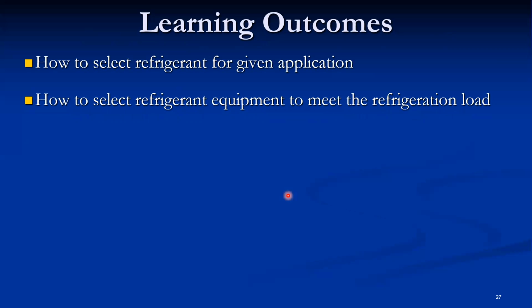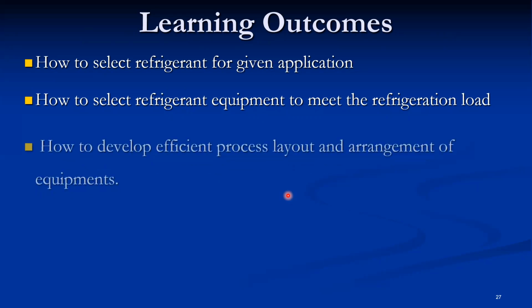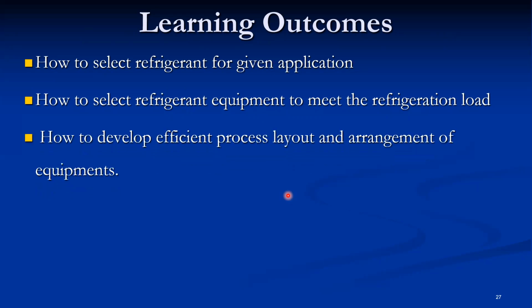So to meet that load, how we can select evaporators, then a compressor, condenser, and cooling tower, that we have discussed in this particular session, so you come to know how to select these equipments and other criteria of the selection as well. Then how to develop an efficient process layout and arrangement of equipments.